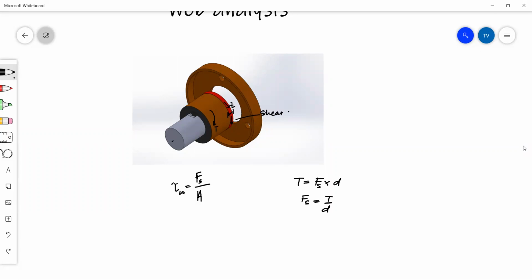And if you look at that, that distance would be the radius of your hub. Do you see that? From the center of your shaft to the top of this surface is nothing but the radius of your hub. So depending on your hub diameter that you found in the previous hub analysis, you can then solve for your shear force.